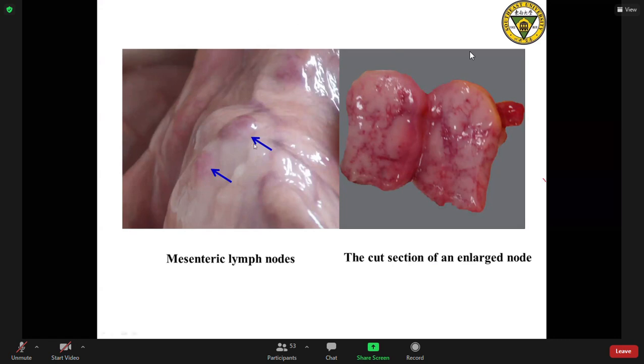This is a mesenteric lymph node, and here is the cut section of a large node. Some areas are white or pale, and some are red. It's a fresh specimen, so we can see a very fresh colored surface.